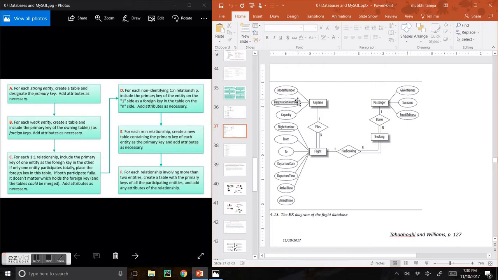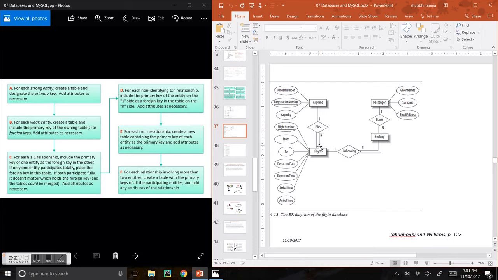Again, reminding ourselves of the ER diagram notations. Underline tells us that this is the primary key for this table, this is the primary key for flight table, and this is the primary key for passenger table. Diamonds denote relationships, double diamond denote identifying relationships.